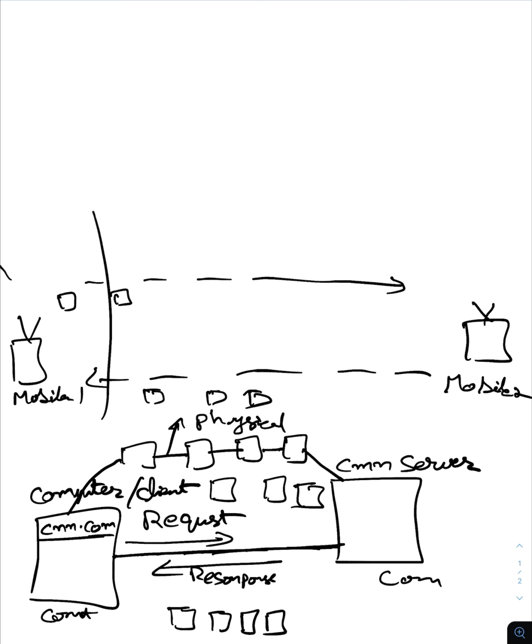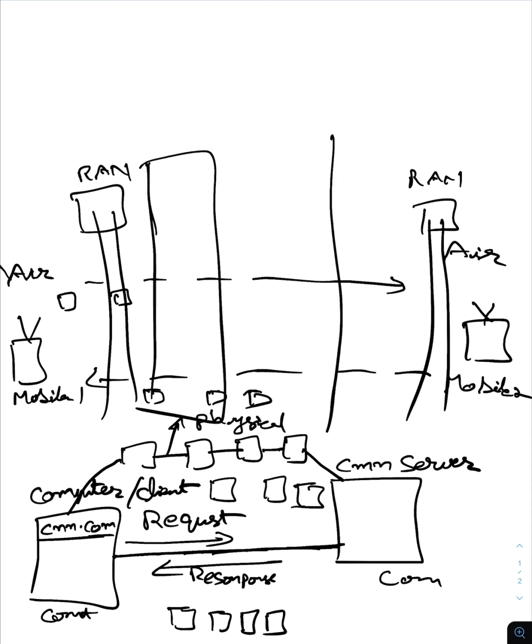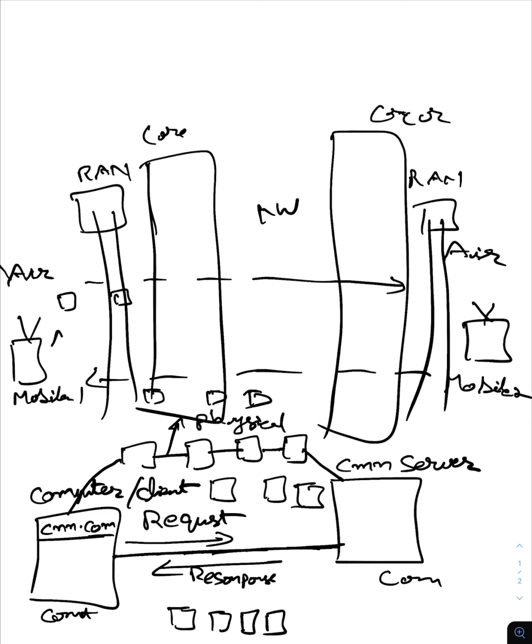This is a combination of air interface, air to something called a tower. We call it RAN technically. And there is a core, LTE core, 5G core. Don't worry about all this, I'll explain everything in detail. Your network is a combination of your air interface and your wiring.